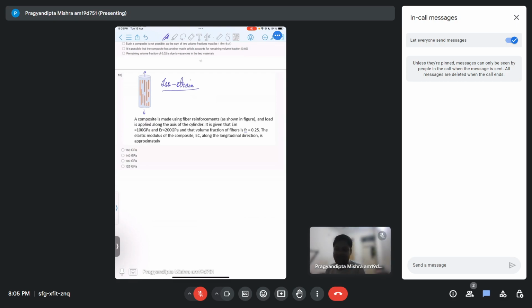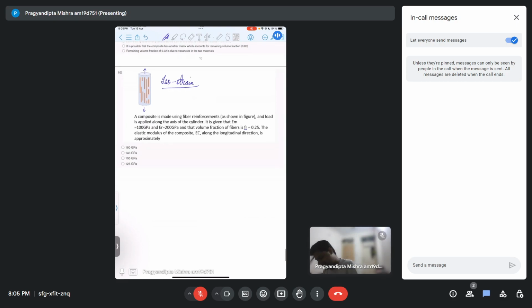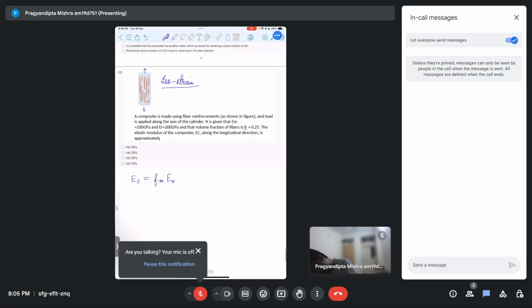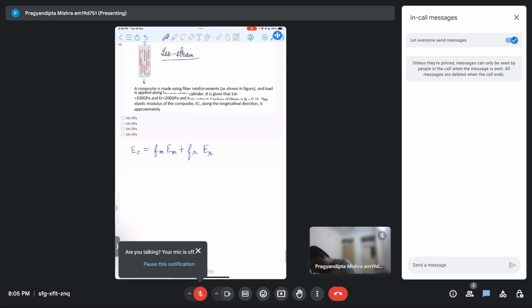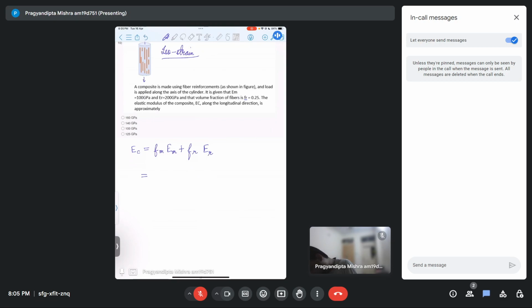So they have asked us to find the EC, right? So EC will be equal to FM EM plus FR ER. FR is 0.25, so FM has to be 0.75. We are assuming there is no void.